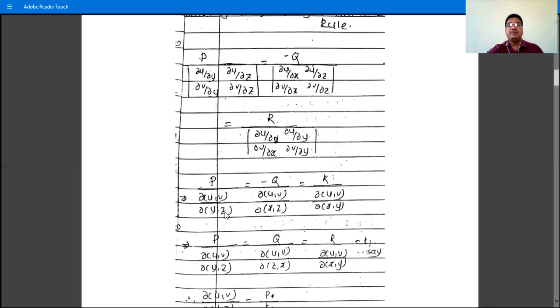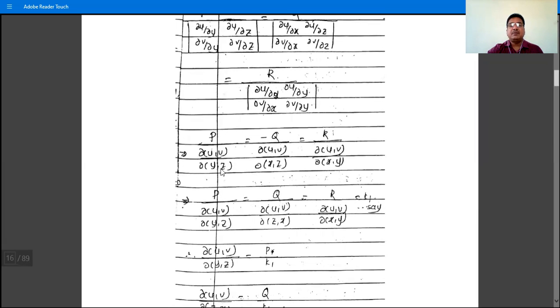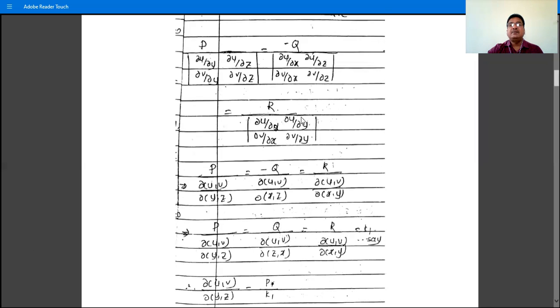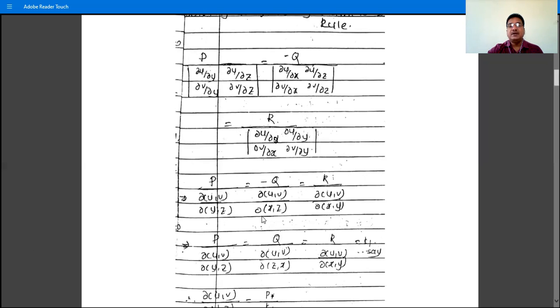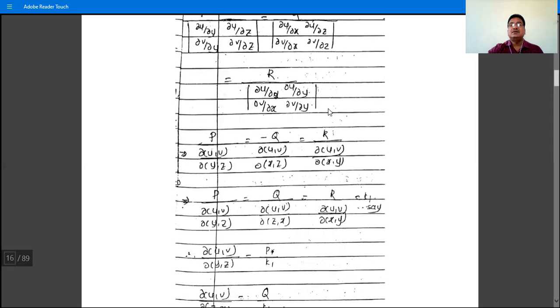That is, P divided by the Jacobian ∂(u,v)/∂(y,z), minus Q divided by the Jacobian ∂(u,v)/∂(x,z), and R divided by the Jacobian ∂(u,v)/∂(x,y).